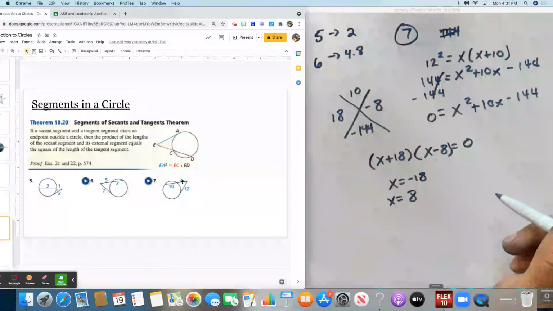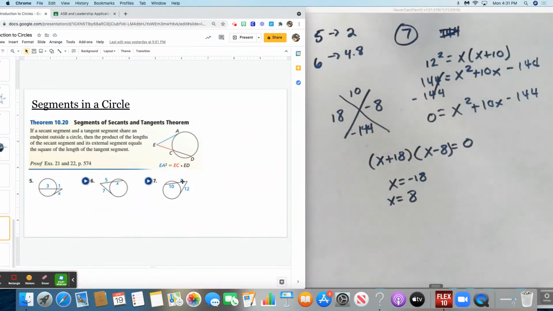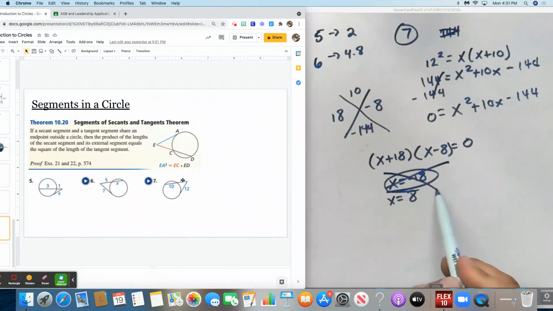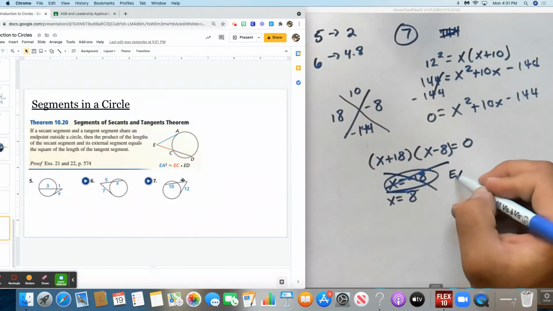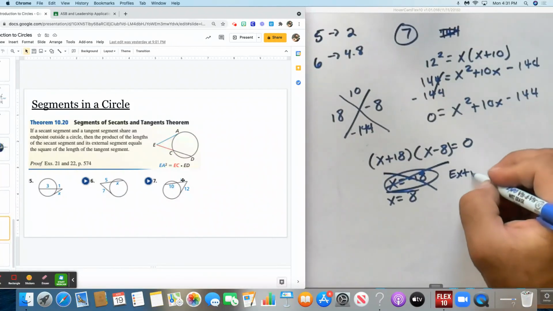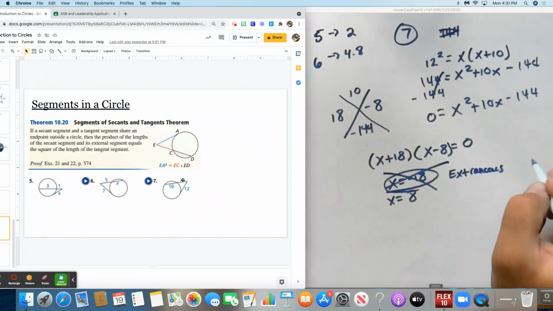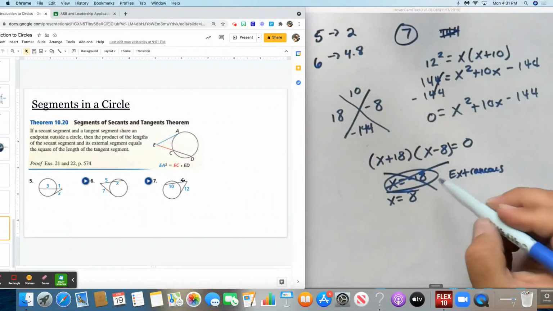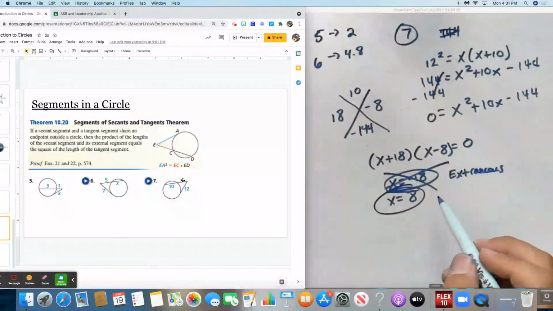Either one of those situations needs to fit our situation here. And fortunately, we can just take a look at this and say, hey, we need one of our lengths to be x, okay? Well, we can't have a length of negative 18 feet, so that's no good. This is our extraneous solution, I'll write it out this time. So our final solution here then is x equals 8, okay?